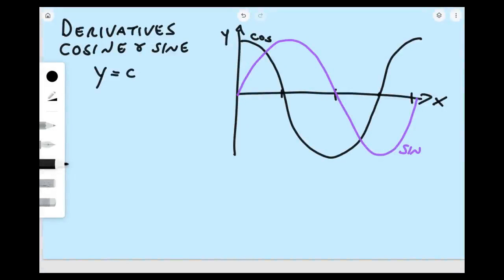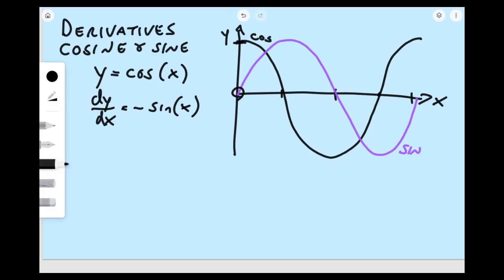For the function y equals cosine x, the derivative dy/dx equals negative sine x. And looking at the graph, right at the origin, you can see that the slope of the cosine curve is 0.